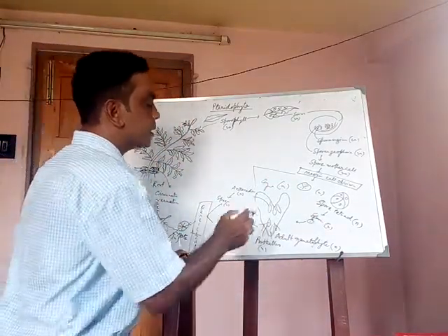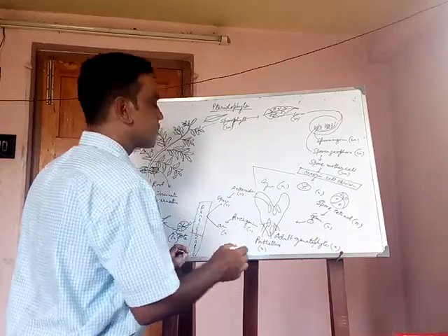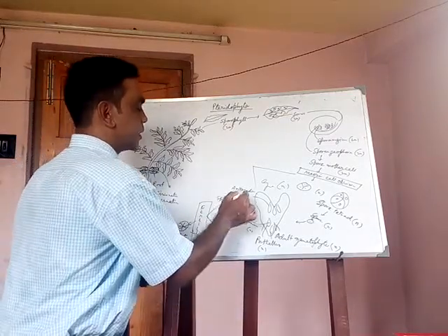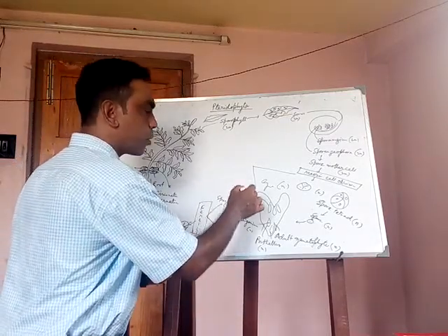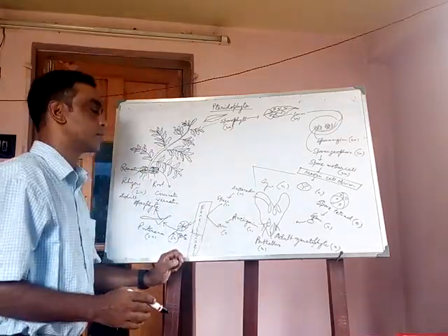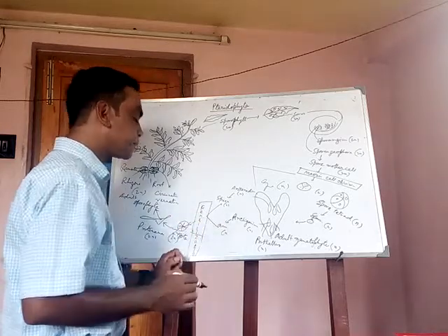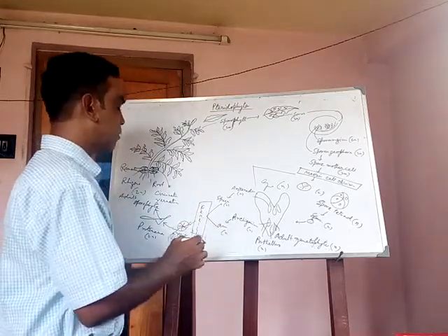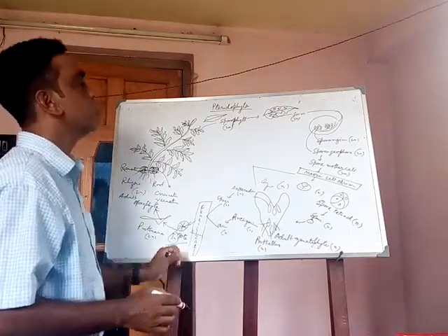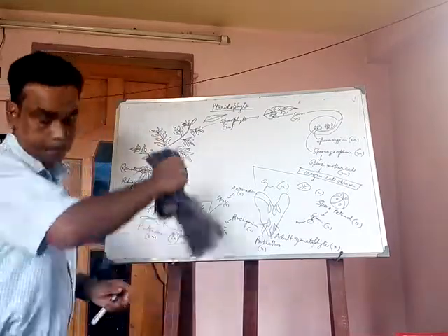In this prothallus the antheridium and archegonium are separate, and the sperm is formed from the antheridium and the ovum from the archegonium, and they meet each other in the water medium and produce the zygote. It is the first cell of the sporophytic generation. So all the features are represented here.